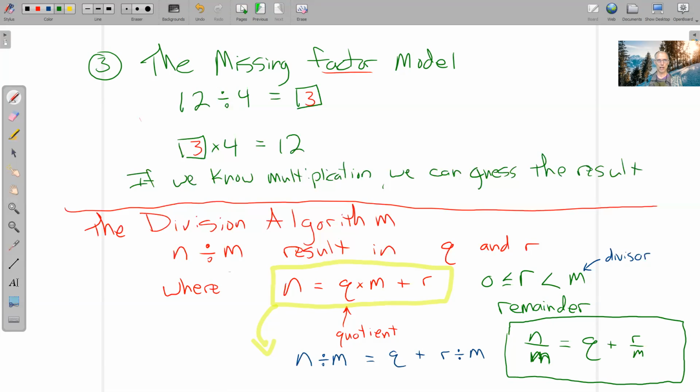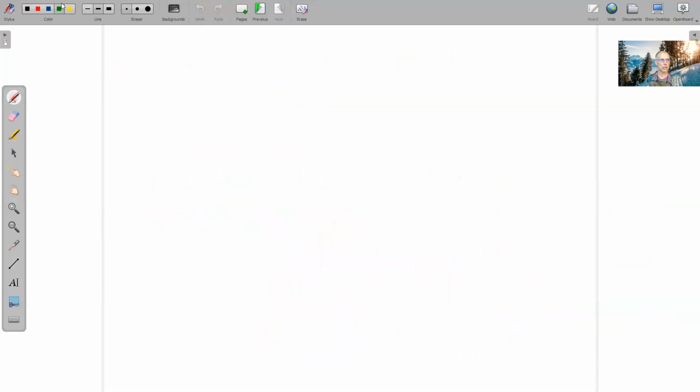All right, so we're going to try that. So again, we're trying to define n divided by m. And the division algorithm says you can find these other numbers q and r, where n is equal to q times m plus r. And so our goal here is to figure out, for a given n and m, what q and r have to be. And remember, r could be 0, but it's got to be less than the divisor, m.